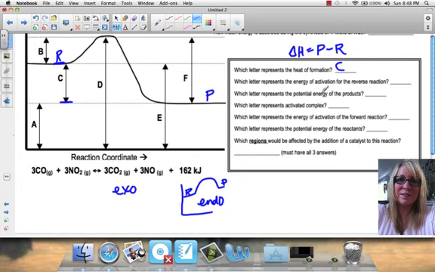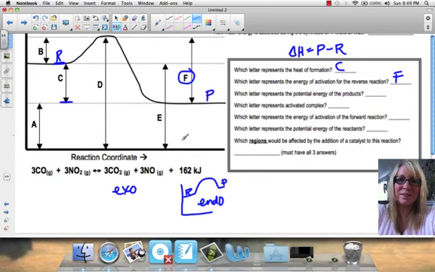Which letter represents the energy of activation of the reverse reaction? Forward reaction is left to right, reverse reaction is right to left, so that would be letter F right here. Activation energy is from the product line to the top of the activated complex. Which represents the potential energy of the products?